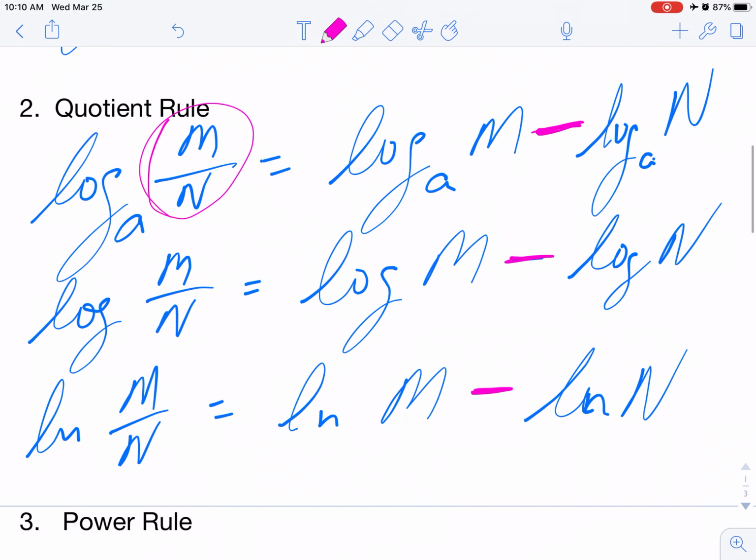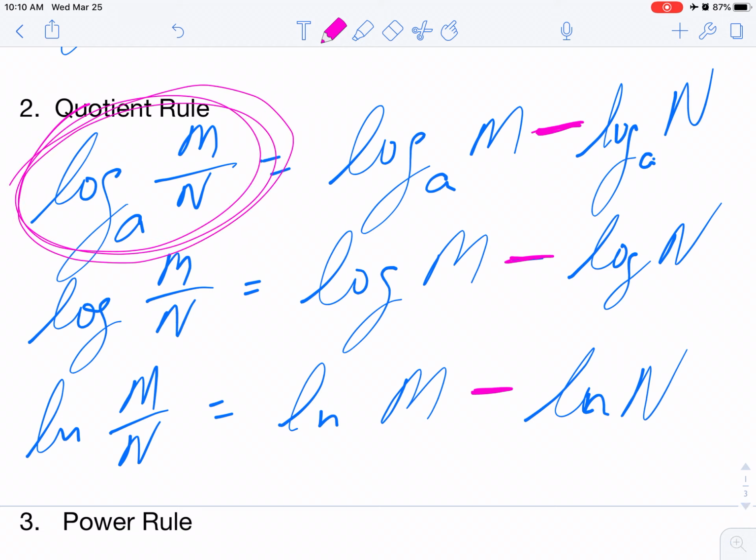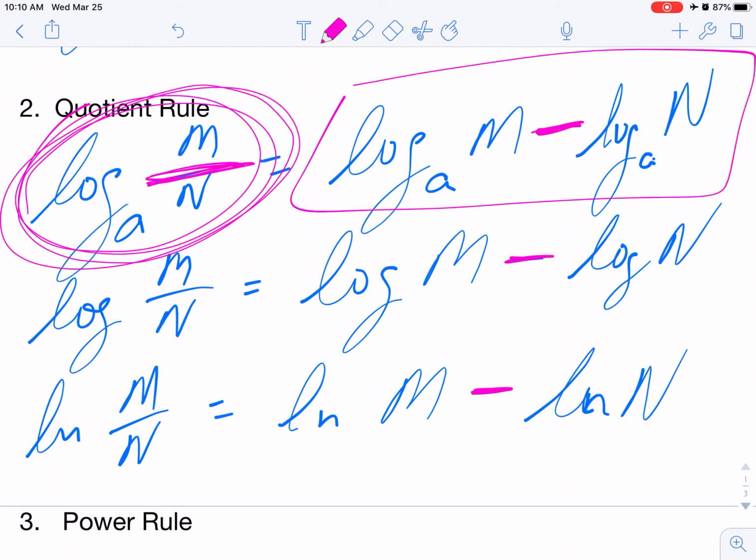Now each of these properties by themselves isn't that difficult, but it's when the problems start to have 2 or 3 rules in one problem that it'll be more challenging. So the obvious thing for this is that you start with a log expression that has a fraction in it. That's a quotient. You break it apart and you write your 2 log expressions separated by a minus symbol.